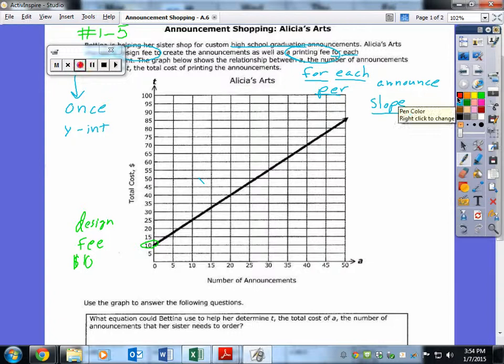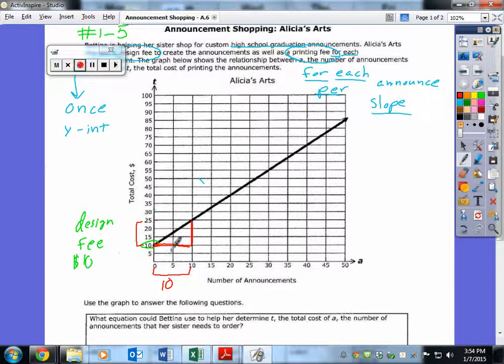Well, what I want to know is how much does it cost to print one announcement. So for just one. Now, unfortunately here, I can't tell for just one because I'm on a scale of 5. Well, what I will look at is if I bought 10 announcements, then how much money would that cost me?